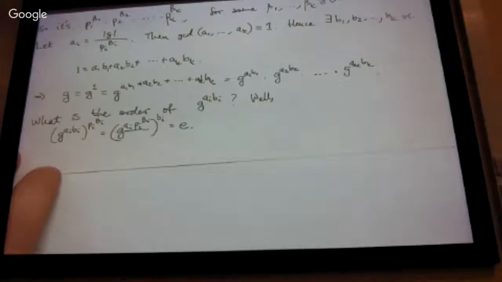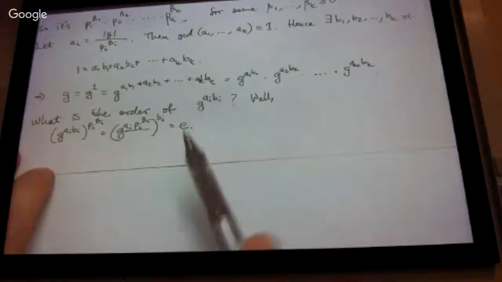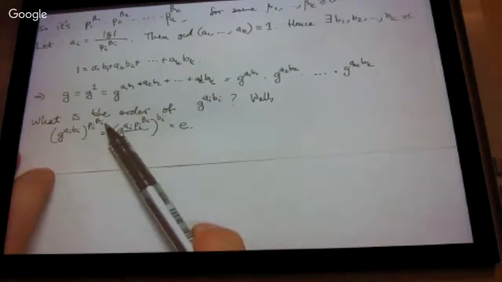So now we still don't know what the order of that element is, but we know that it's a divisor of π_i^{β_i}.